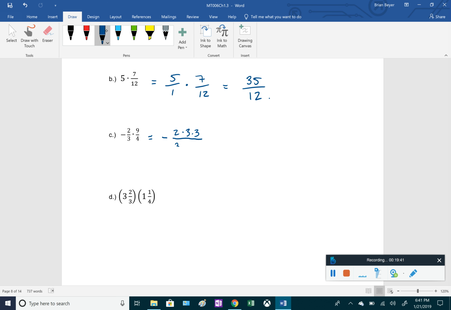And then in the denominator, instead of 3 times 4, I'm going to rewrite the 4 as 2 times 2. The only reason I did that is because now you can cancel off common factors, 2 over 2, and also we have a 3 over 3. So we're left with negative 3 over 2.